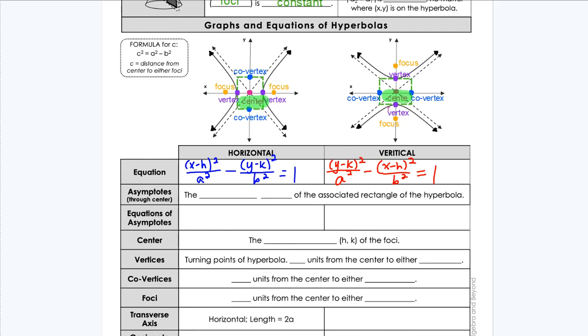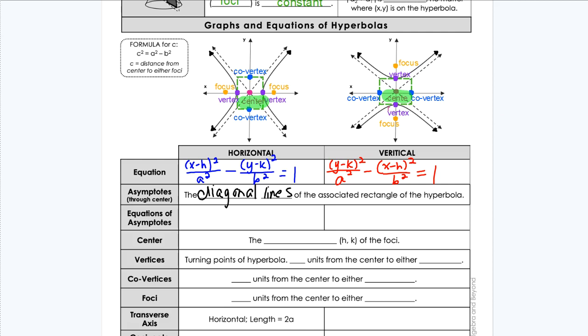We have these lines called asymptotes. Those asymptotes, the diagonal lines that we're seeing, we represent with dashed lines. Those are the diagonal lines of the associated rectangle of the hyperbola. You can see in the center of each hyperbola, we create this rectangle that's connecting each vertex and co-vertex together.